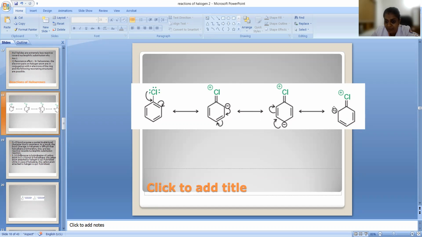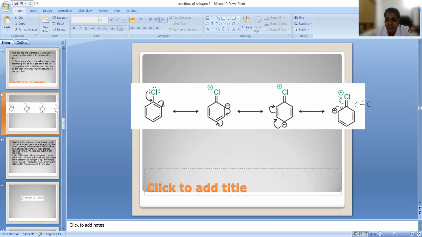And after this step, what will happen? What is the next step? This will shift here and this will shift here. So a double bond and a single bond are forming here. That means it has a bond length in between a double bond and a single bond. Means the C-Cl bond has a partial double bond character.